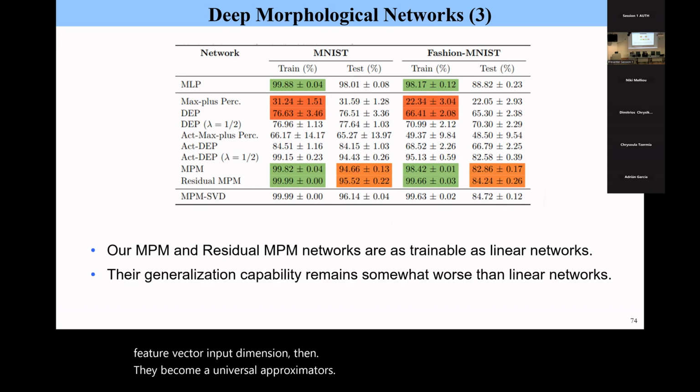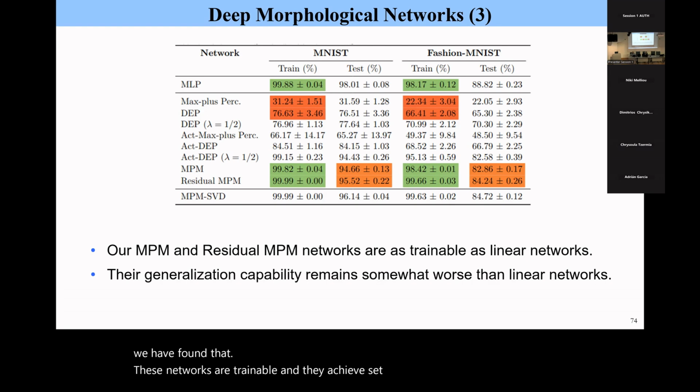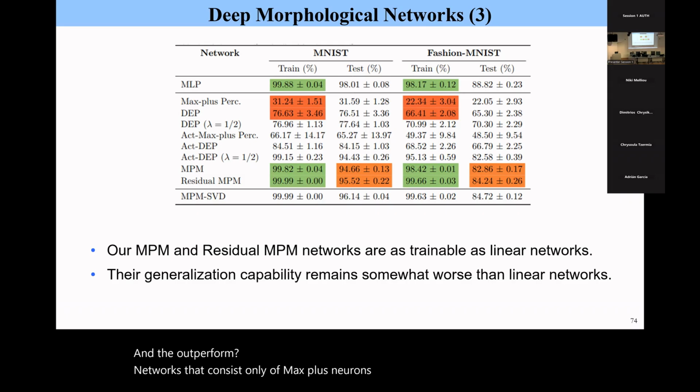And we have actually trained these deep networks consisting of these new modules, the max plus min modules, and we have found that these networks are trainable and they achieve training set accuracy comparable to linear networks, and they outperform networks that consist only of max plus neurons or dilation erosion perceptrons.